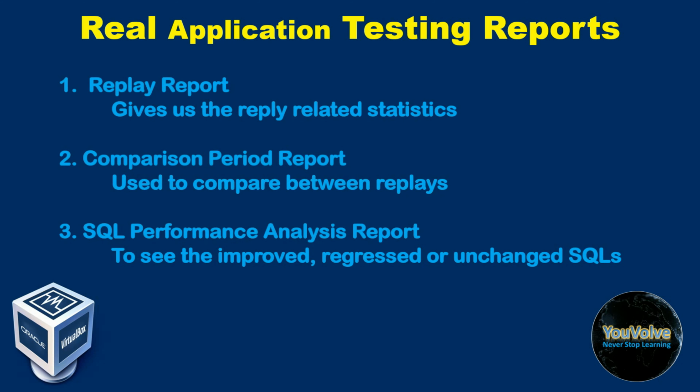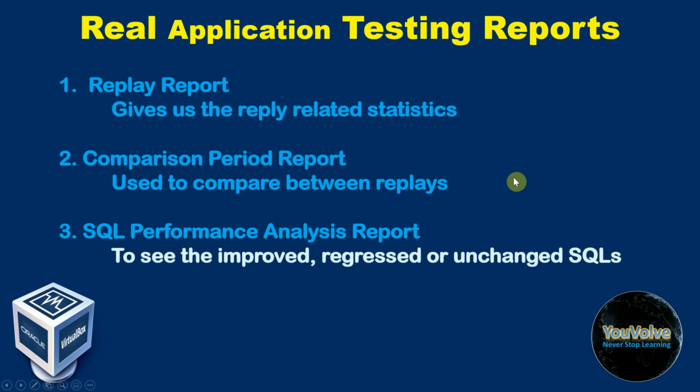And the third one is a SQL performance analysis report, and that is the most important report for us, which gives us the improved, regressed or unchanged SQL statements. In this tutorial, I will extract the third report for demonstration purpose. However, I have mentioned the code to extract the first and the second reports in the shared document in my Google Drive, and the link for that can be found in the description of this video below.